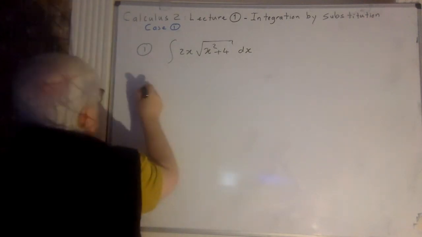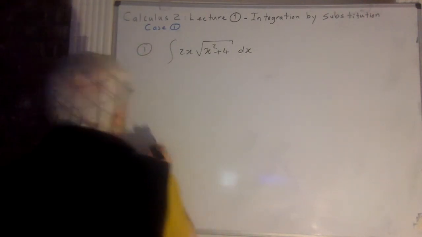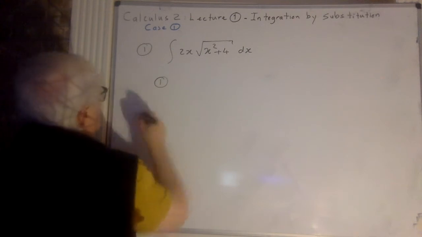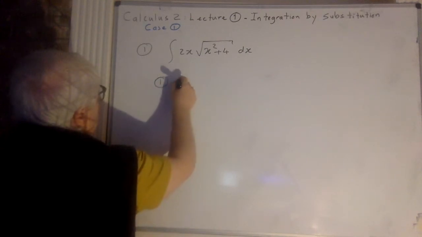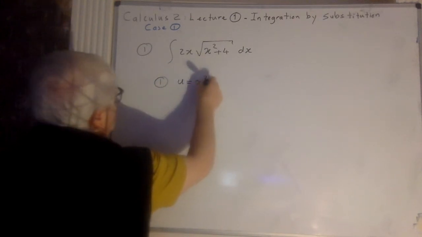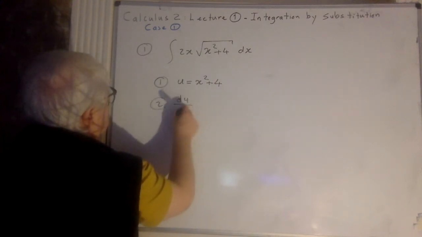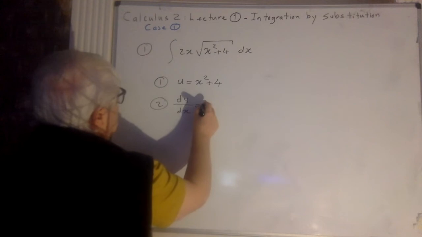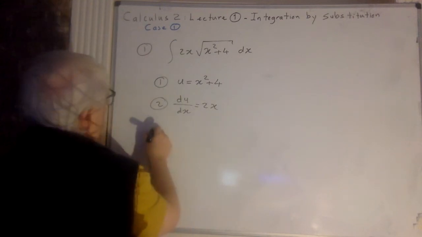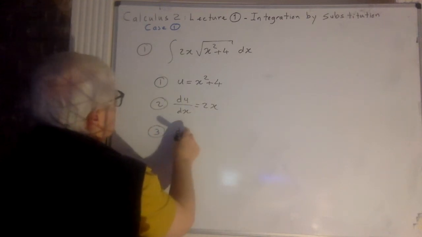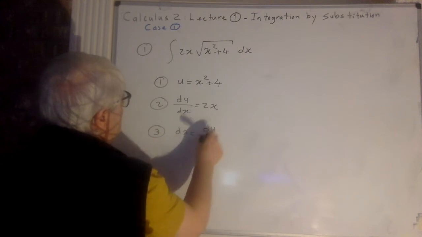So the algorithm was: u is the inside function, du/dx is simply 2x, and dx is du over 2x.